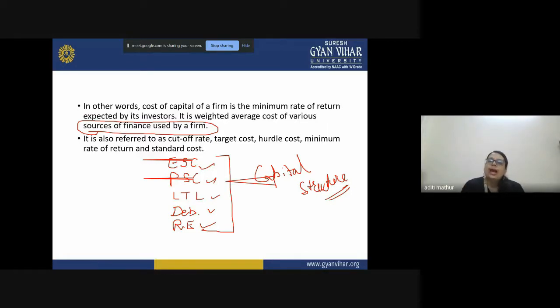This cost of capital is also referred to as cutoff rate, target rate, hurdle rate, minimum rate of return, and standard cost. So if a question comes to calculate the target cost, then that means the question wants you to find out the cost of capital. So you should know the different names through which even a cost of capital is known.